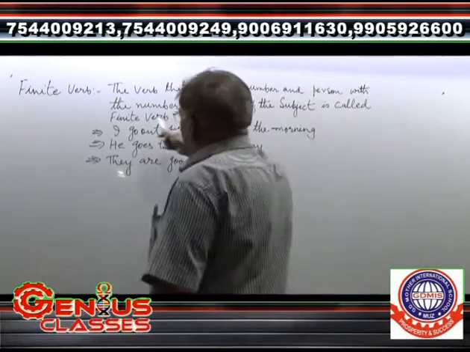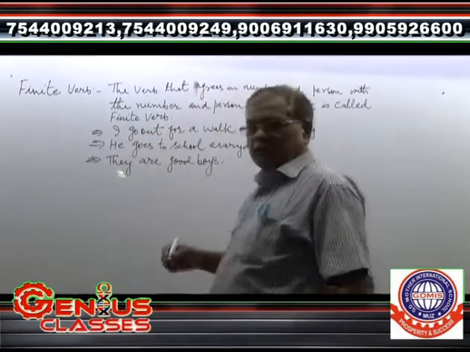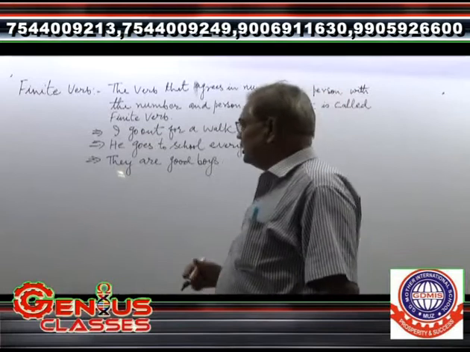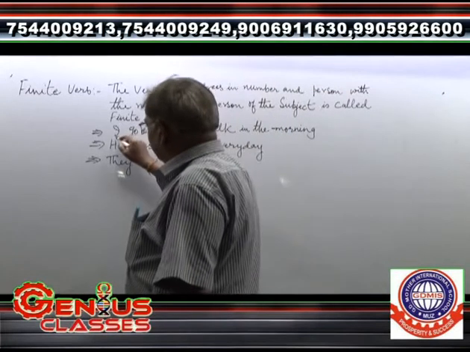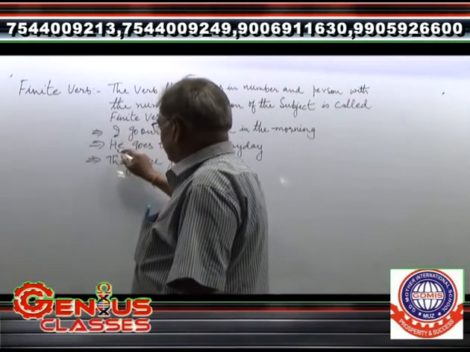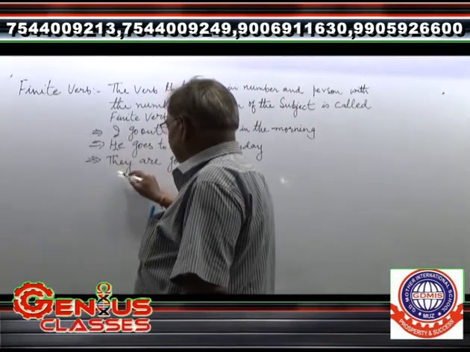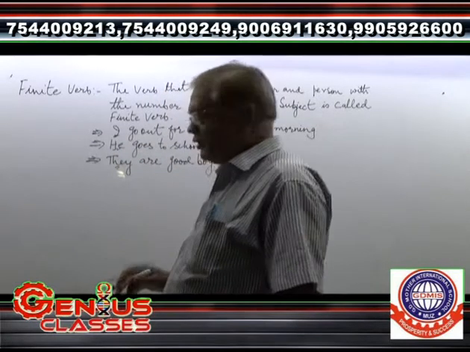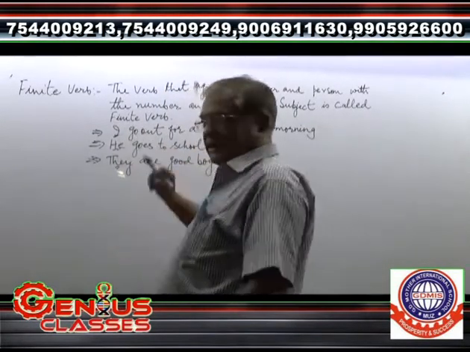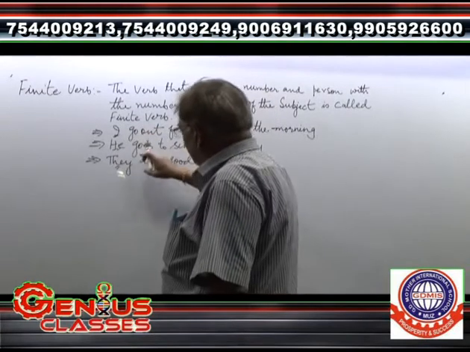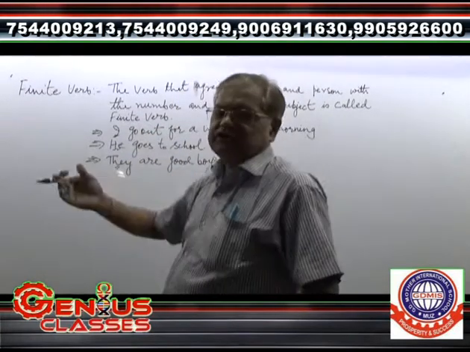What does it mean? Say, for example, I is the subject, he is the subject, they are the subject. So according to the subject, the form of the verb is to be selected.